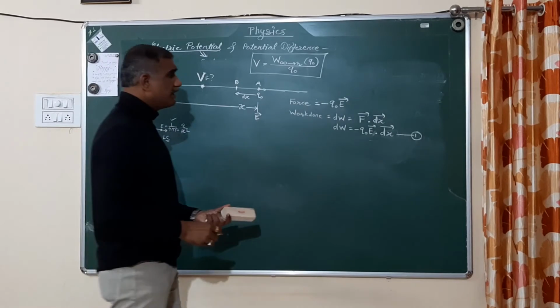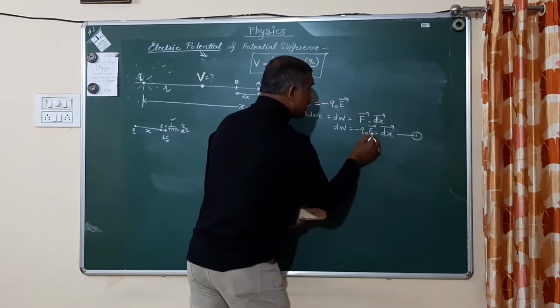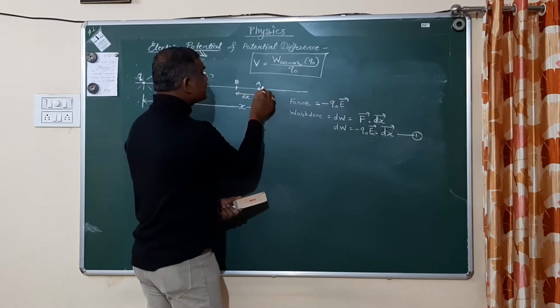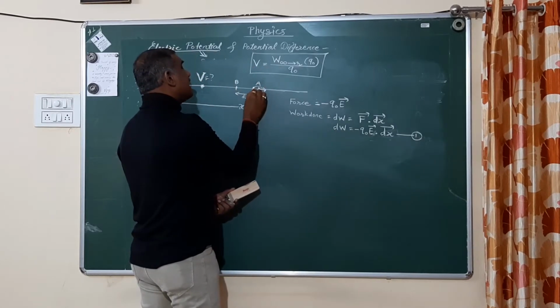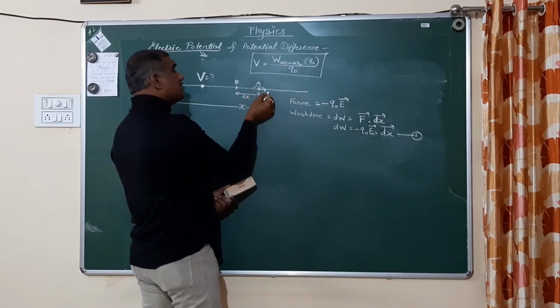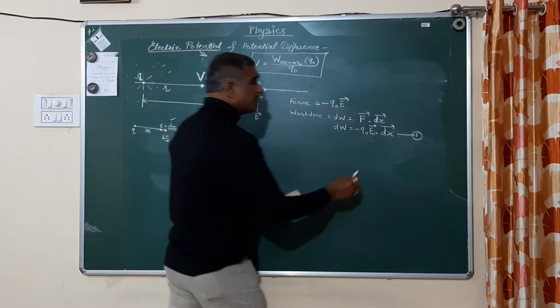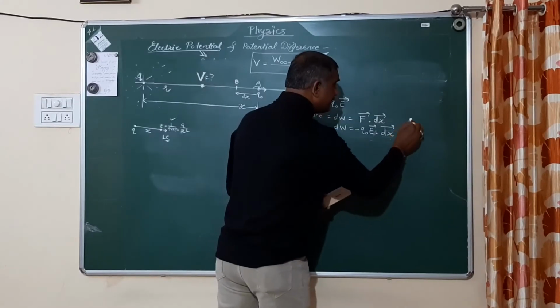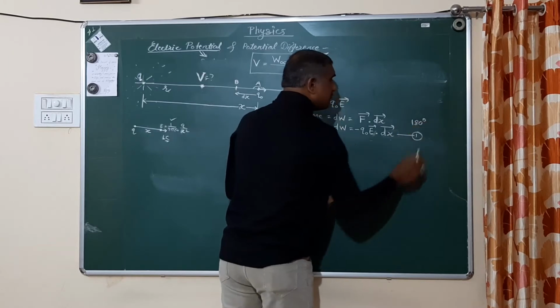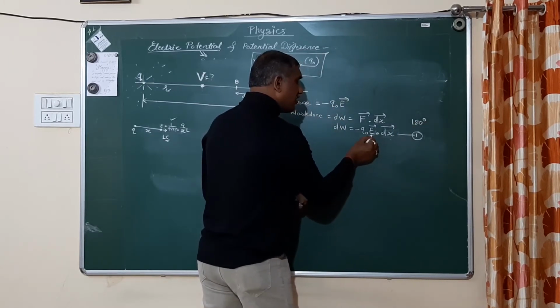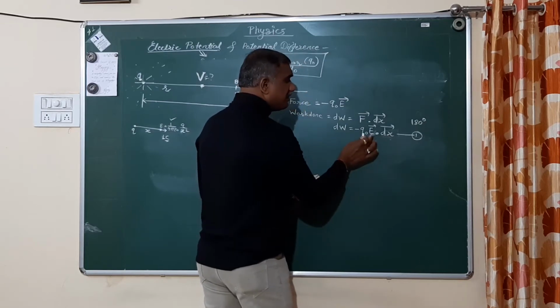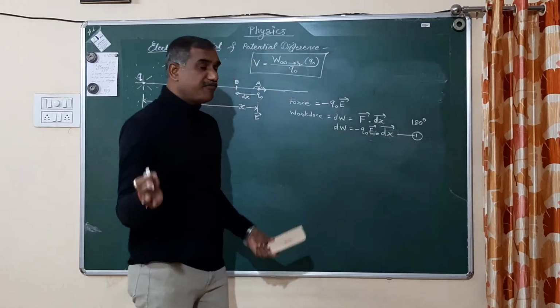Then after, look at this. Electric field intensity is acting in this outward direction, dx is in this direction, and that's why the angle between the electric field intensity and dx is equal to 180 degree. And that's why if I consider the dot product of E and dx, it becomes E into dx into cos of 180 degree.